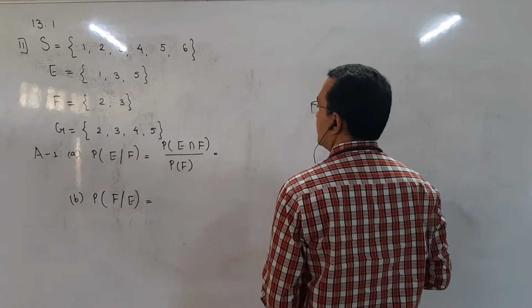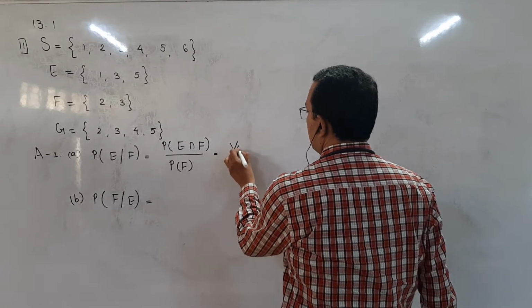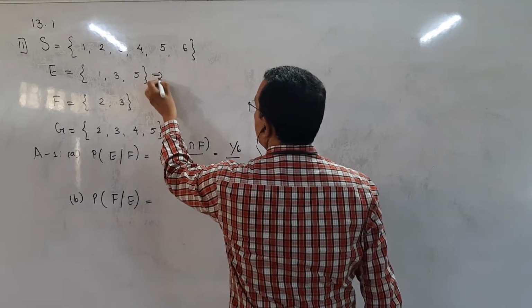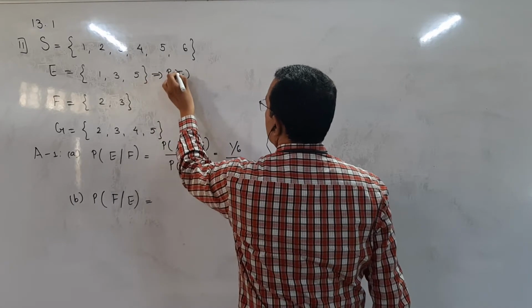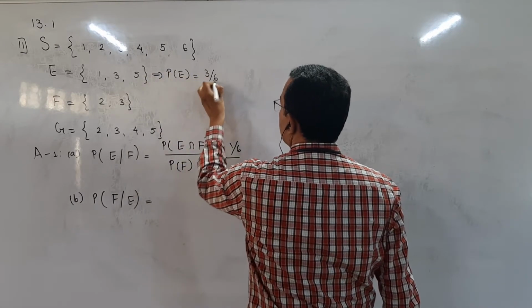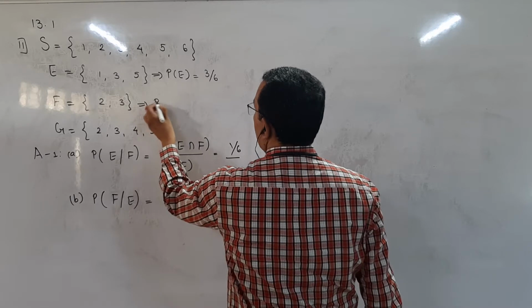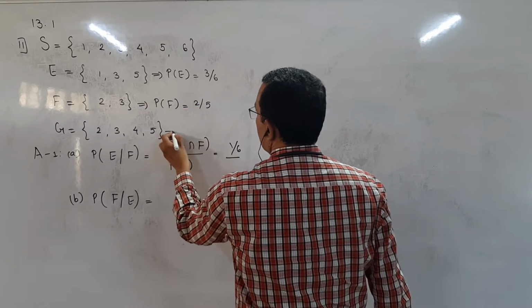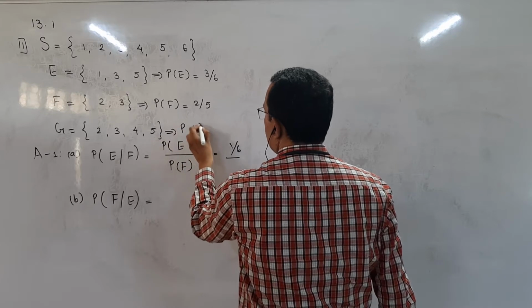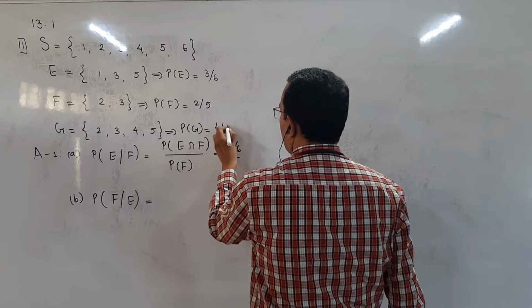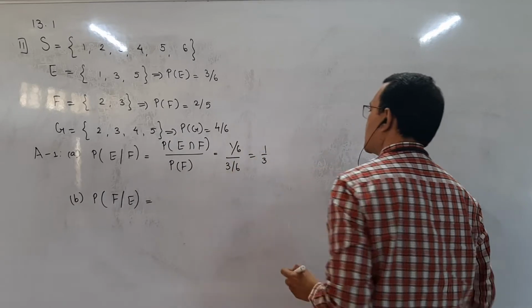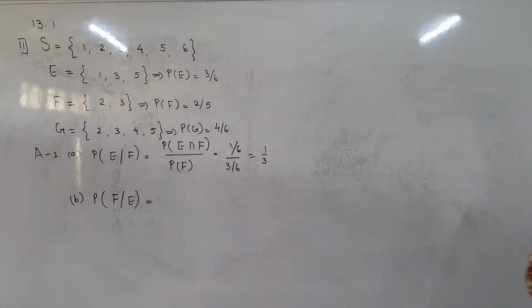So that probability I am writing directly, which is 1 by 6. And P of E will be 3 by 6, P of G will be 4 by 6. So this is 3 by 6, so this answer is 1 by 3.